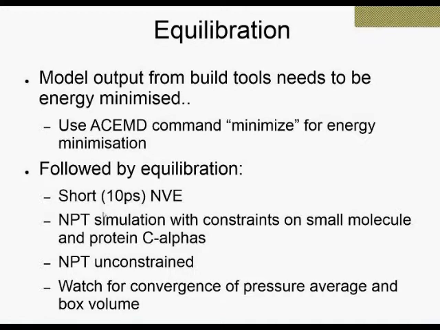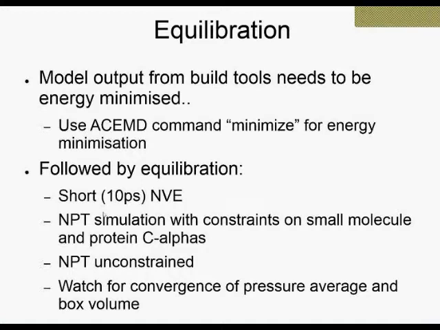Okay, so the next step after one has built the initial conditions is to equilibrate the model. Well, this is a two-step process. The first is that one needs to perform an energy minimization.